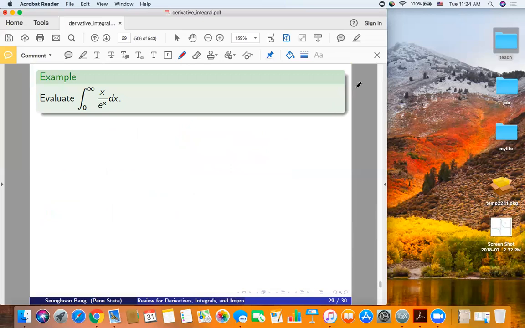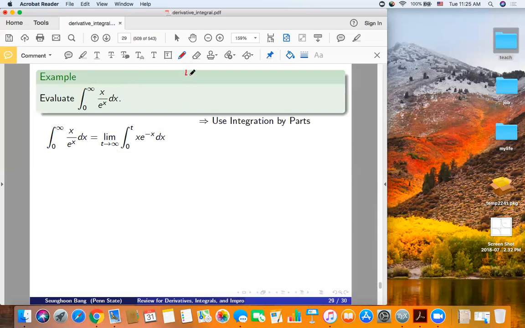This problem is an improper integral because of the infinity. How can you do that? You can change this one to the next one, replaced by t approaching infinity. Now how can you calculate this one? You have to use integration by parts. What's that?